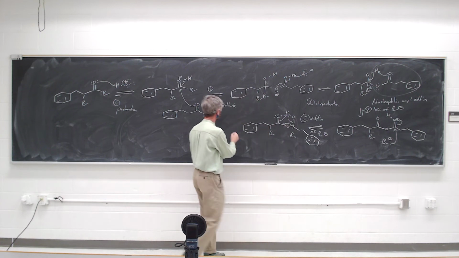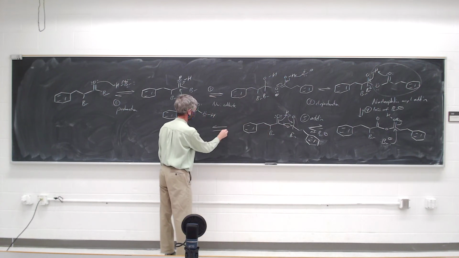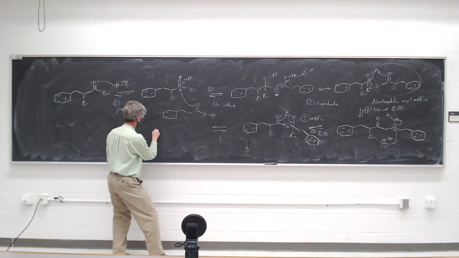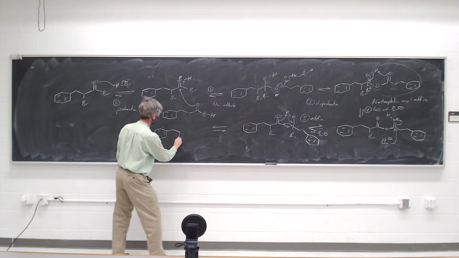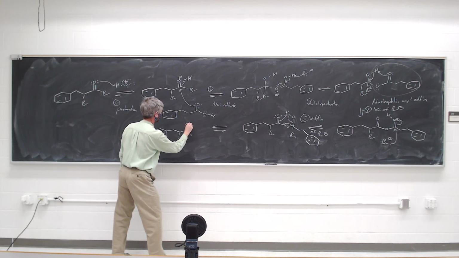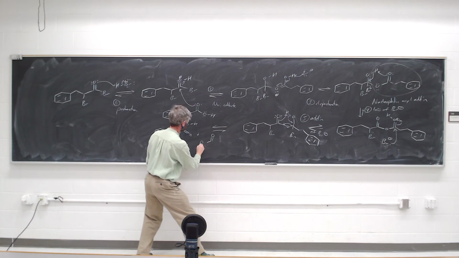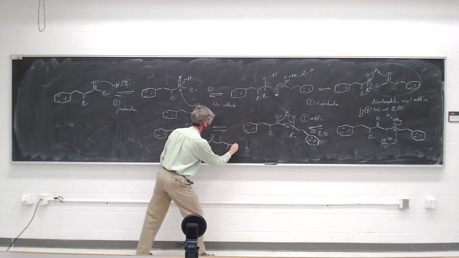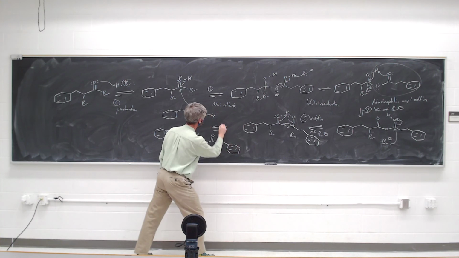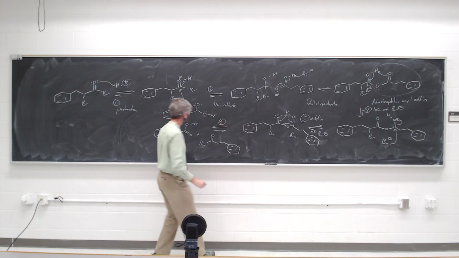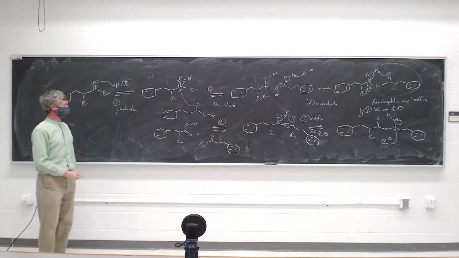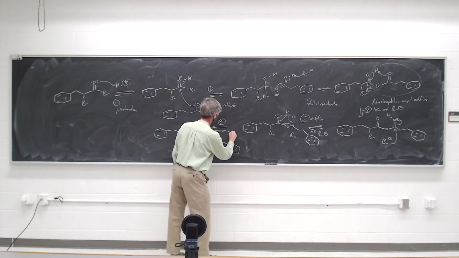Okay, that's a six-membered ring transition state. Favorable to aromatic. Aromatic transition states are always favorable.